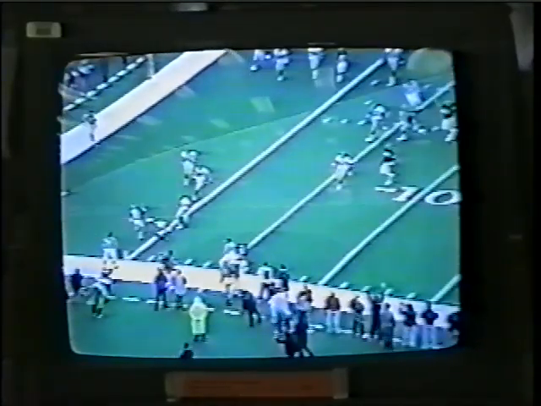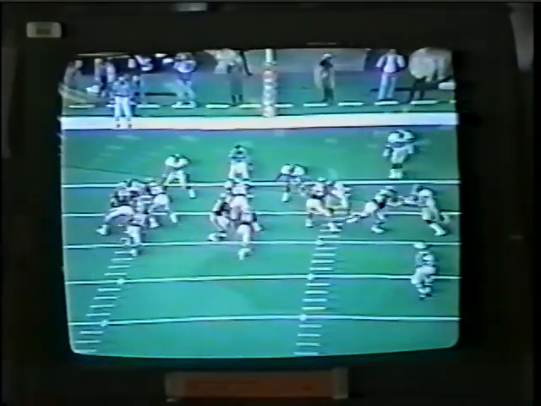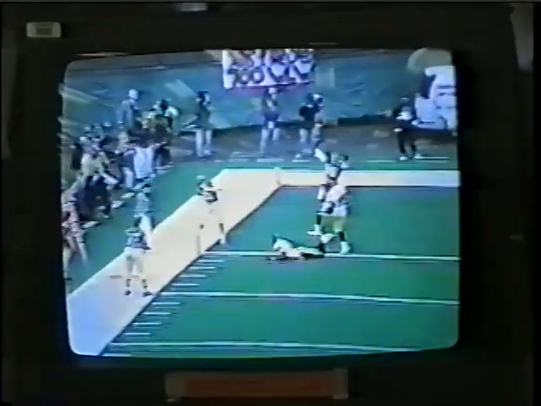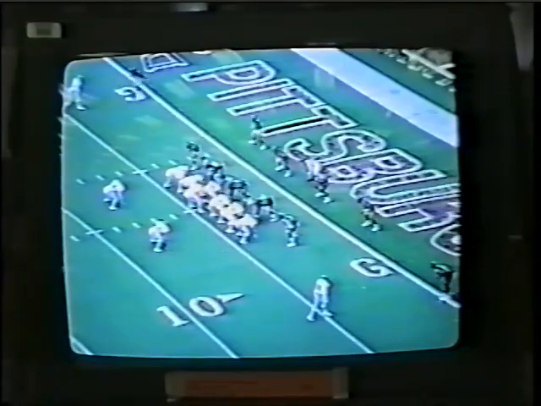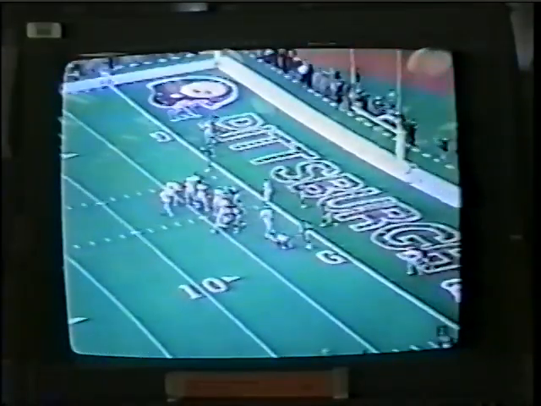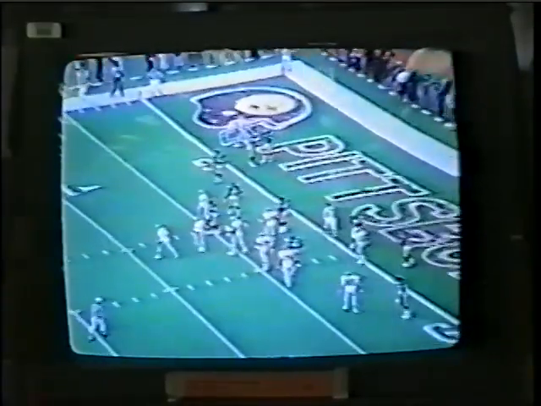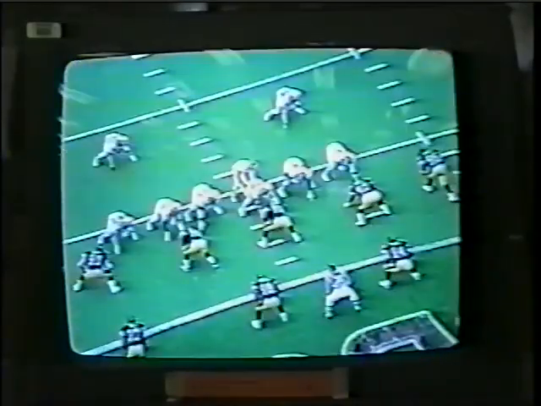But it's a pretty good route against that particular coverage. And it's the weakness of the route where the coverage is pretty good. Good execution by them as well. Here, good look at it, take it back here.